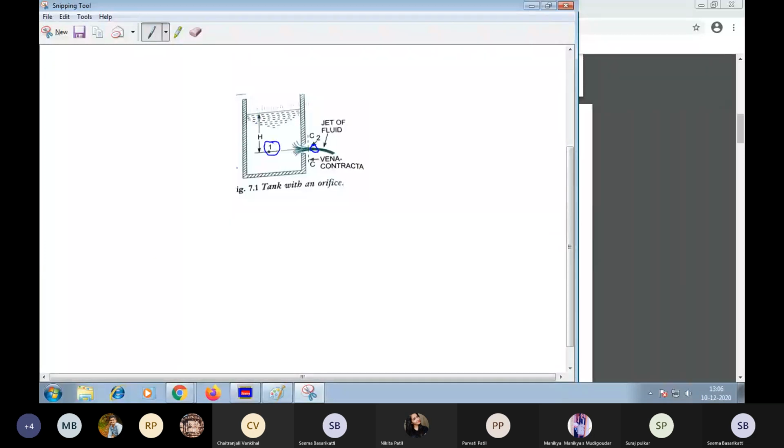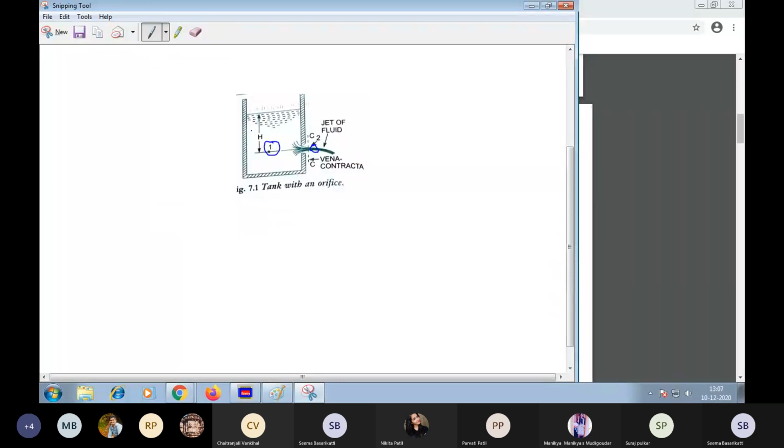Here there is a rectangular tank where a circular orifice is fixed at the bottom of the tank. H is the head of the water at the upstream and this is the jet of water, and the CC axis is the vena contracta. I am going to take 2 sections. The first section I take inside the tank, and the second section outside the tank, in the jet of water.